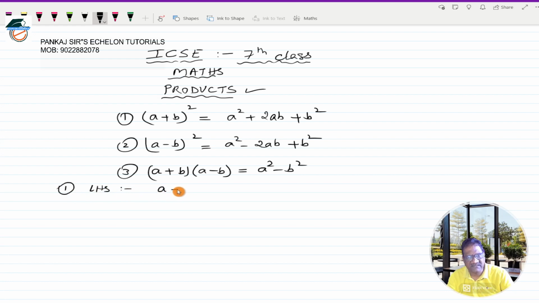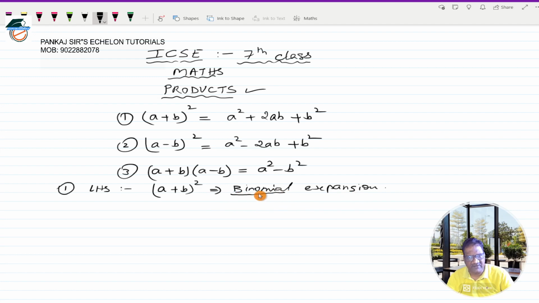This is the first identity that I want to tell you about. It is a plus b the whole square. This is known as a binomial expansion, isn't it? In general, it is known as a binomial expansion, right? Now why it is known as binomial, I'll tell you that.